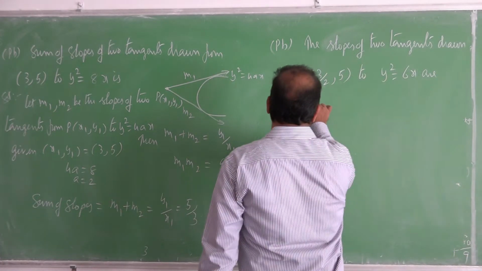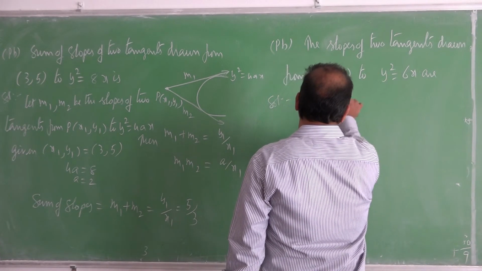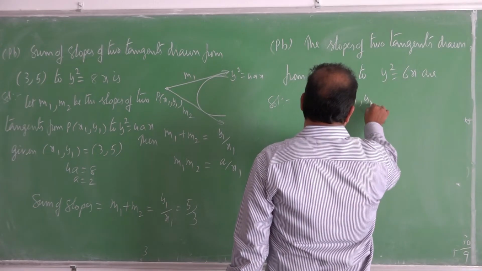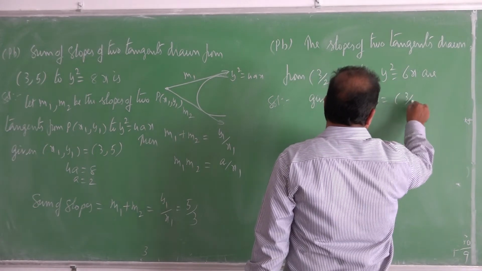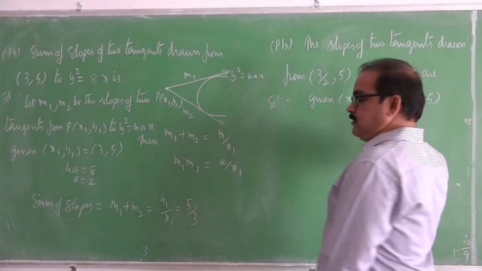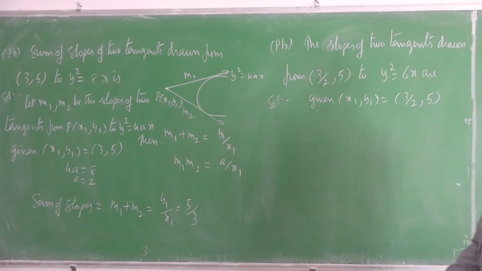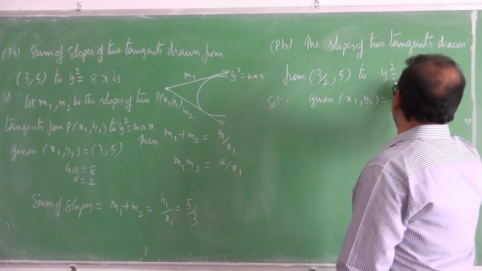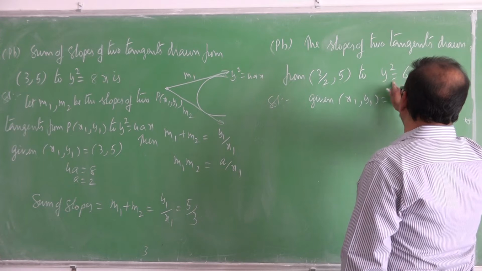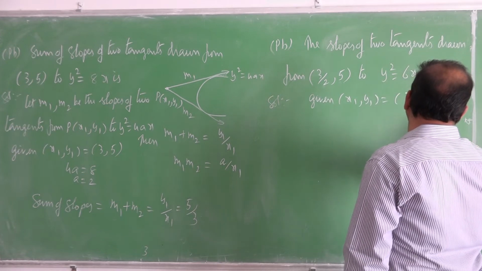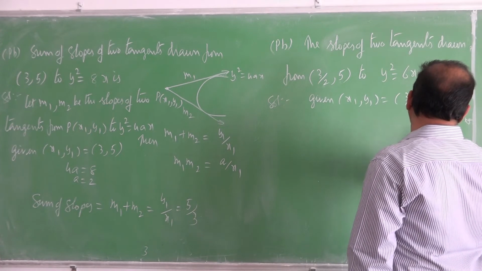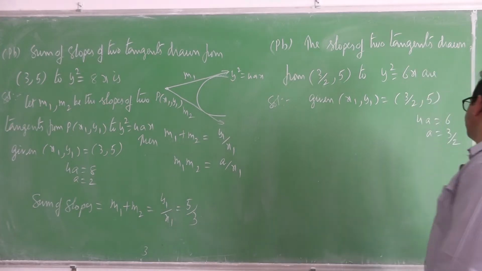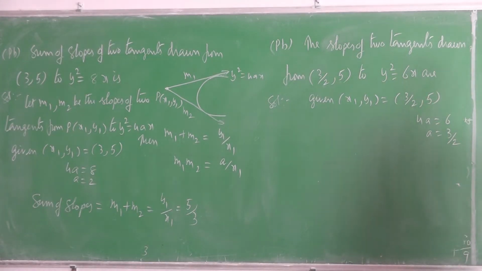What is the given point? x1, y1. Given point x1, y1 is (3 by 2, 5). x1 is equal to 3 by 2, y1 is equal to 5. From this parabola 4a is equal to 6, a is equal to 6 by 4, a is 3 by 2.